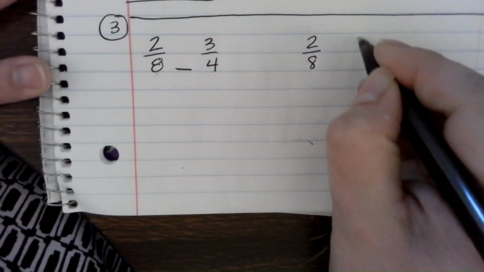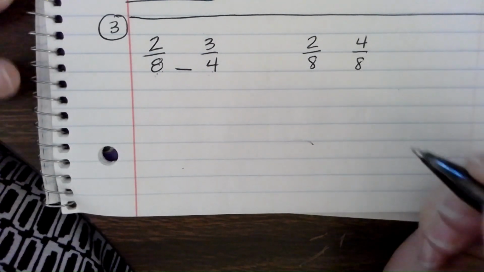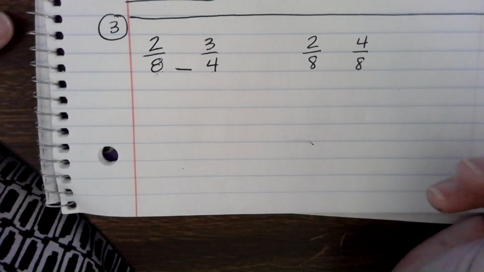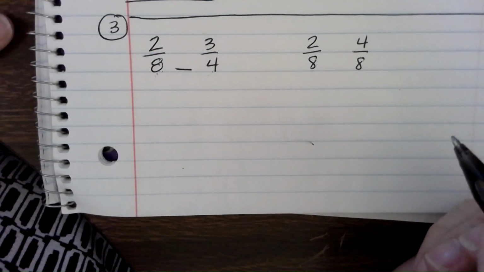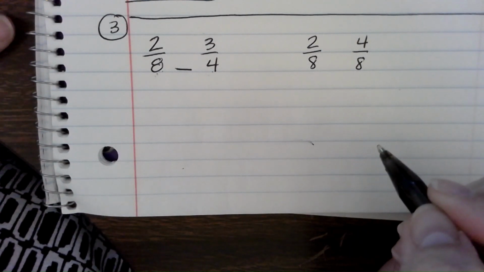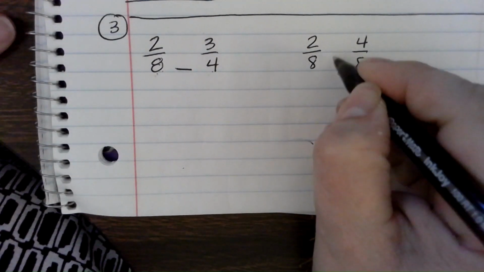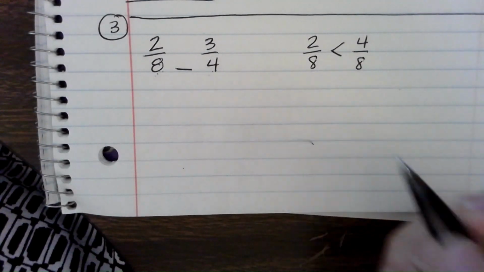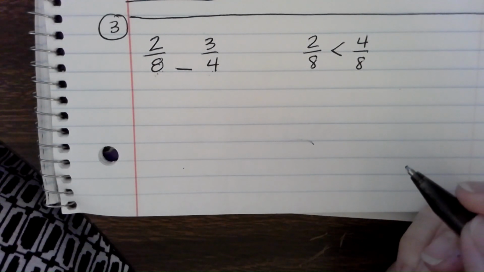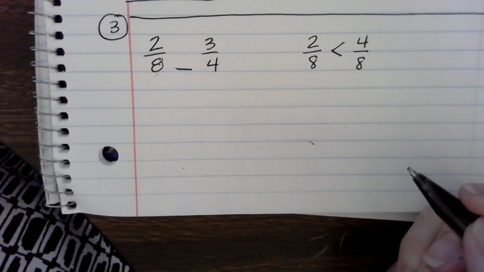So if I had 4 out of 8, that would be about half. Now, which is bigger? 2 pieces out of 8 or 4 pieces out of 8? The 4, right? So the 2/8 is not even half.